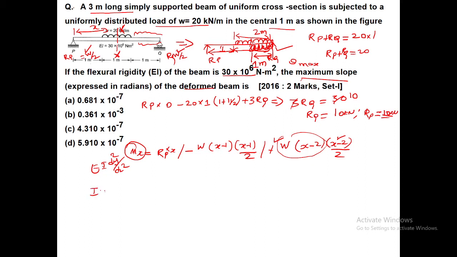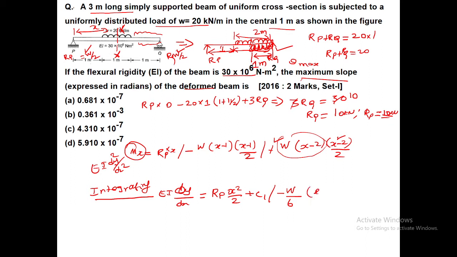So integrating, using Macaulay's method, for a symmetrical beam, EI dy by dx equal to RP into x square by 2 plus C1, minus W by 6 into (x minus 1) whole cube. Integrating (x minus 1) whole square gives (x minus 1) whole cube divided by 3, so 3 into 2 is 6.